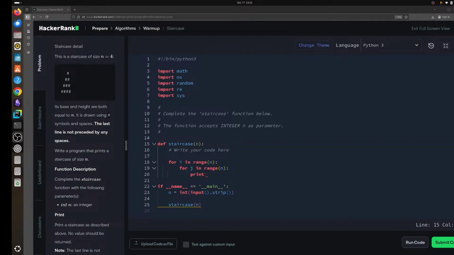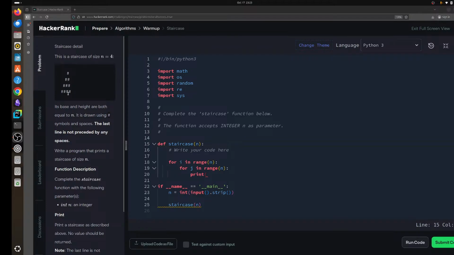Okay, let's continue this question. In this question it said that there is a staircase of size n, its base and height are both equal to n.